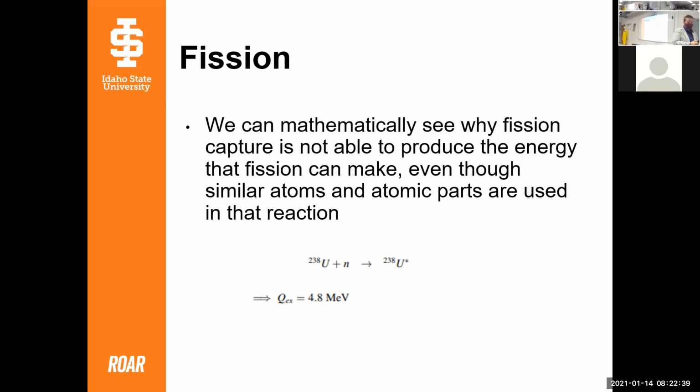Did anyone calculate the binding energy per nucleon for uranium-238? Almost there. Okay. 7.8. You what? 7.8 binding energy per nucleon? I got 7.572. Who's wrong?